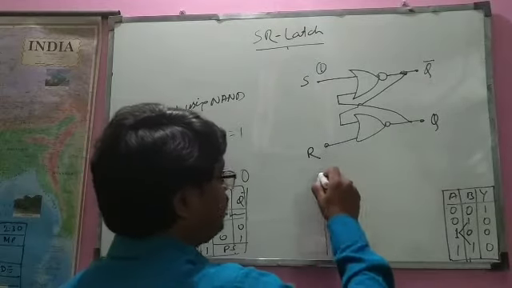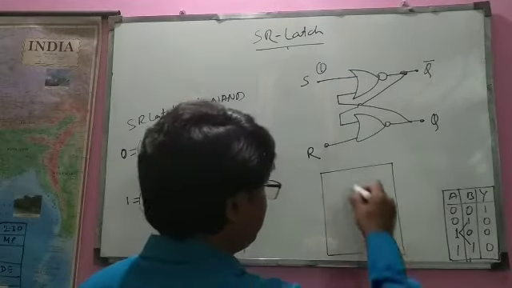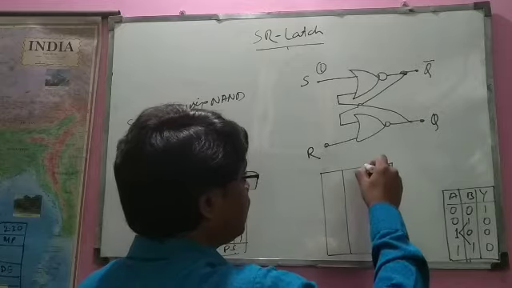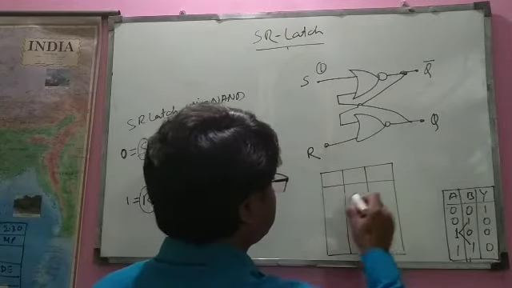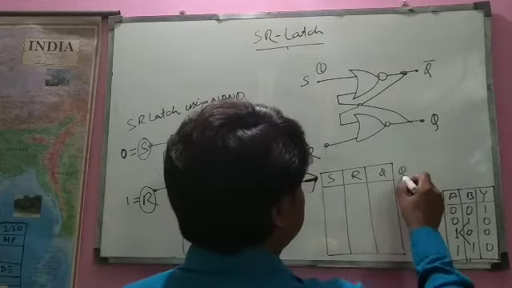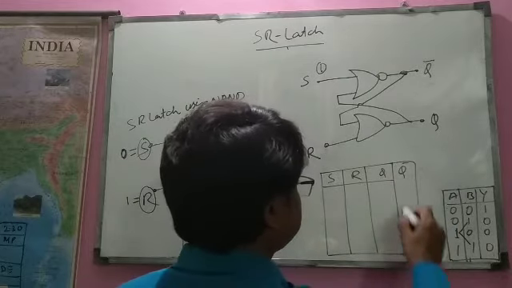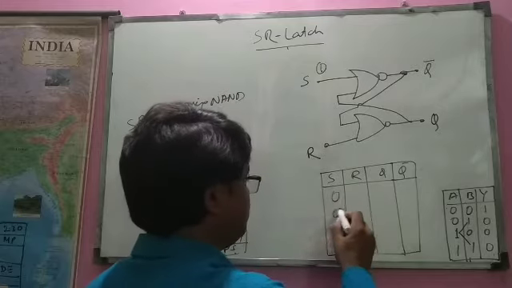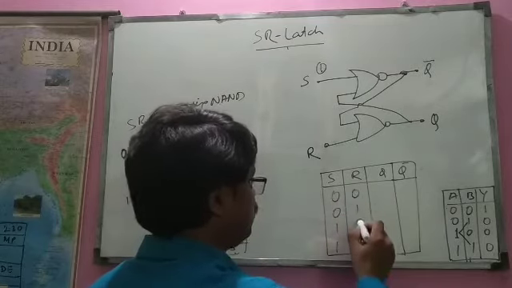Let us suppose we make the truth table of our gate. This is S, this is R, and this is Q, and this is Q bar. S may be 0 0 1 1, R may be 0 1 0 1.